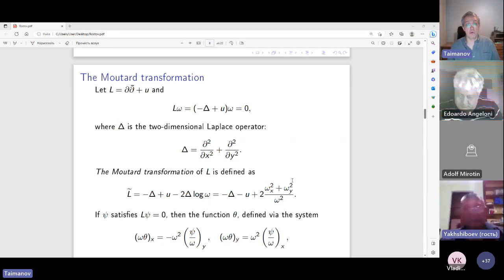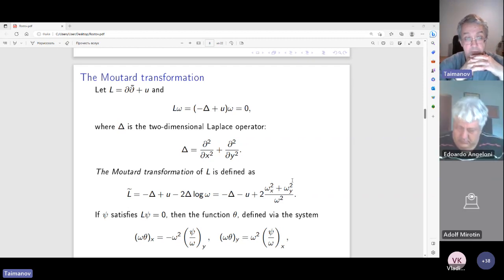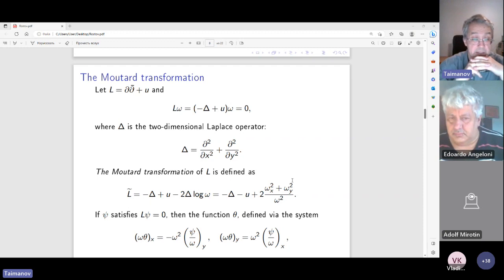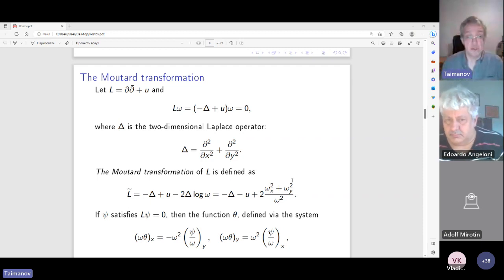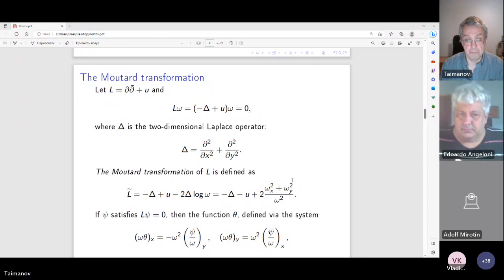And now the Moutard transformation is as follows. So we have the L operator. Now consider L tilde. It actually looks almost the same. It's minus Δ plus u, and now we have to subtract an additional term, minus 2 Laplacian of logarithm omega. It's again as in the Darboux case.